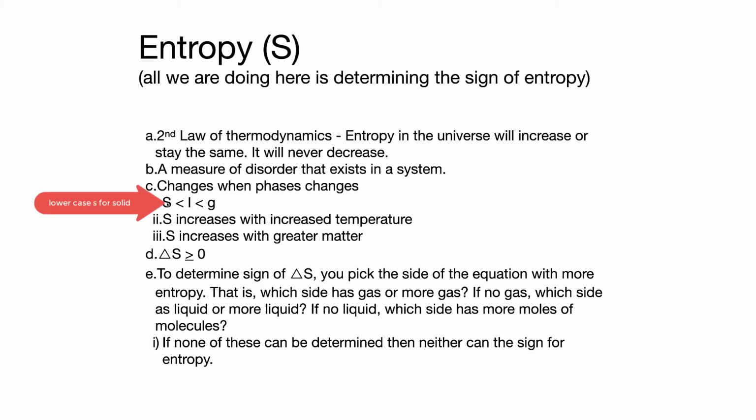So here are our states. A solid has less chaos than a liquid, which has less chaos than a gas. So you think about it, the solid is organized, structured, held together. Everything's in its place, molecular wise. If, let's say, ice becomes a liquid, now it's not so structured and organized. All the molecules are flowing all over the place, moving around, so there's a little more chaos there.